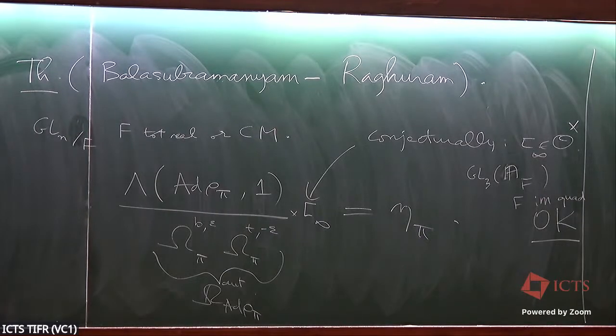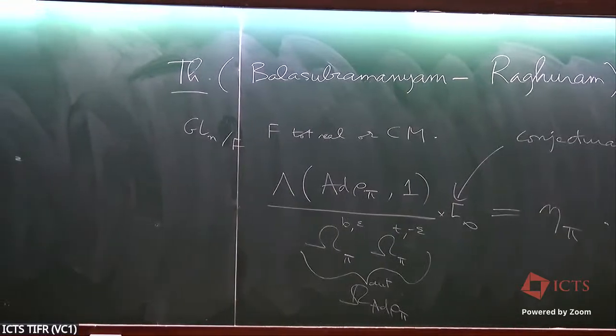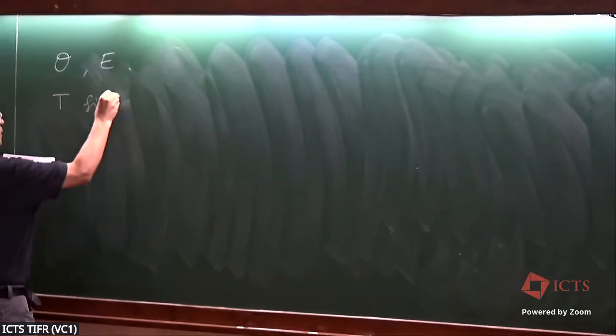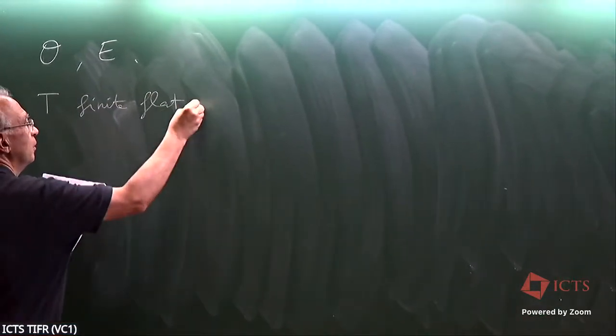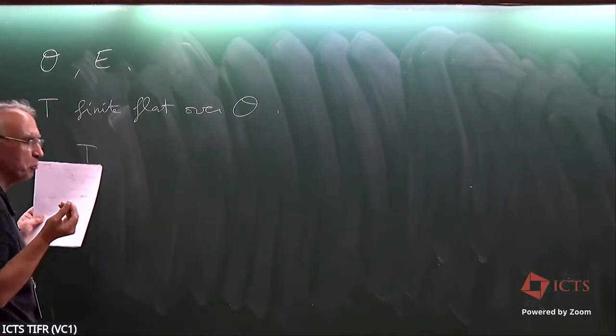So now, before explaining the results, we will have to do some algebra. Hope you like algebra. We will do the formalism of congruence numbers, because some properties are crucial for the formulation of the results. So again, we have a DVR O, we have the field of fractions E, and we have T finite flat over O. I changed the notations.